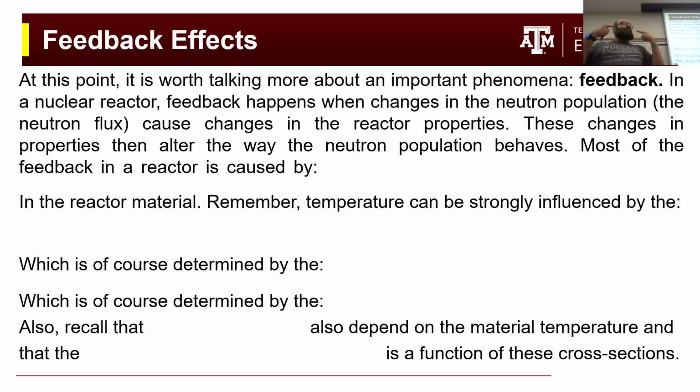An increase in neutron flux can increase my reactor power, and increasing reactor power is going to heat things up more. That affects the temperature of my reactor and of the materials in it. A lot of feedback in the reactor is caused by temperature changes.